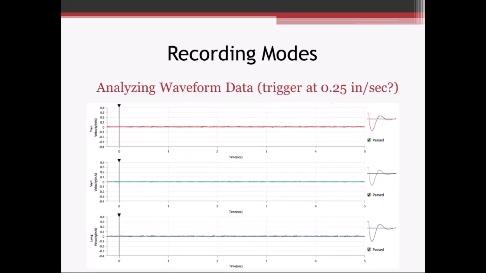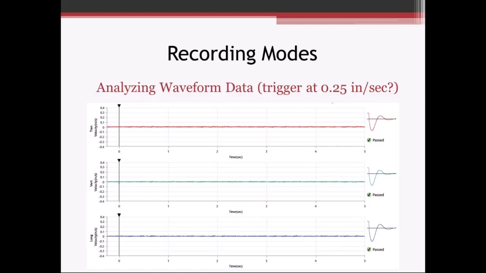So this is a waveform that woke me up in the middle of the night, about 1 o'clock in the morning. I got a notification on my phone and by email that the threshold was reached on one of our projects. It was in an urban area, so my first thought was, somebody's vandalizing this seismograph, or trying to steal it.